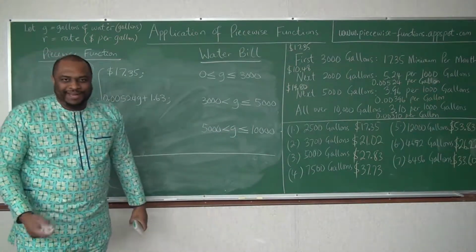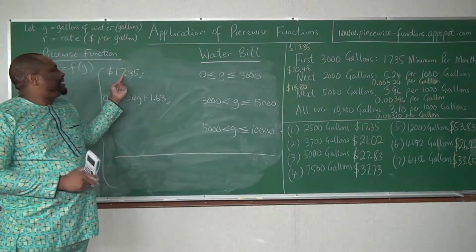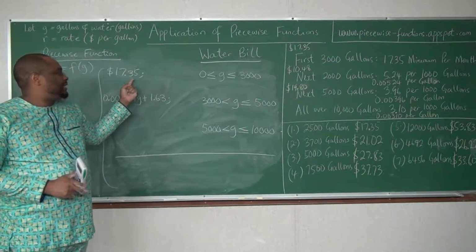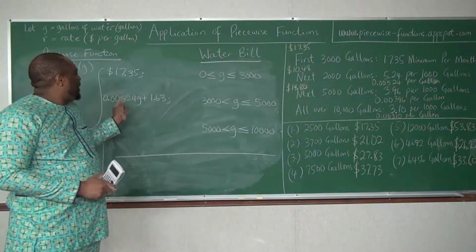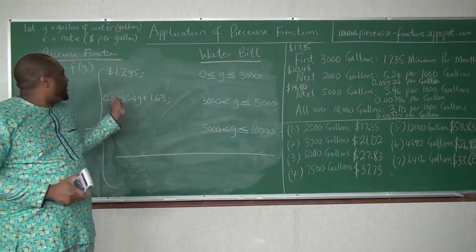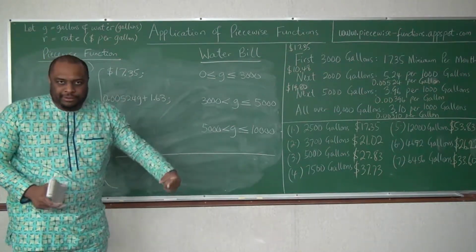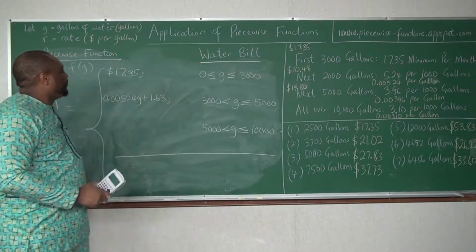Let me repeat. When we did this, you will pay $17.35, plus any extra gallons over 3,000, you pay 0.00524 per gallon on any extra gallon over 3,000.